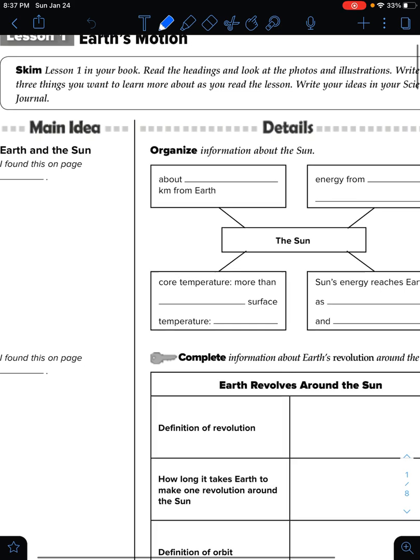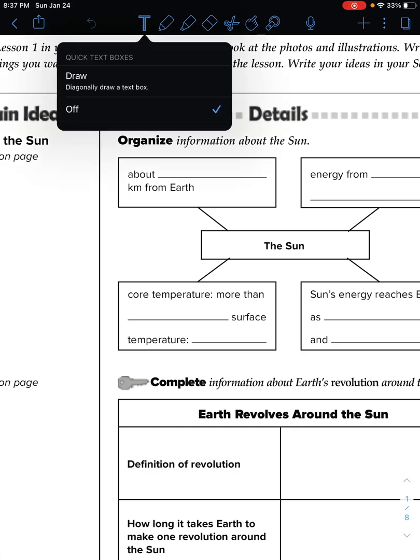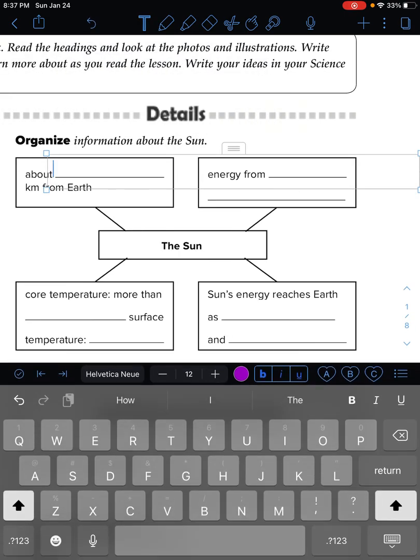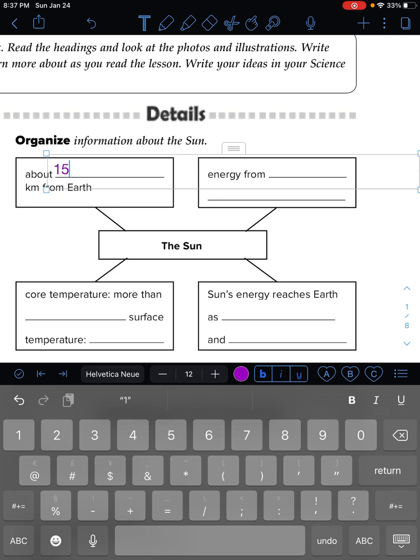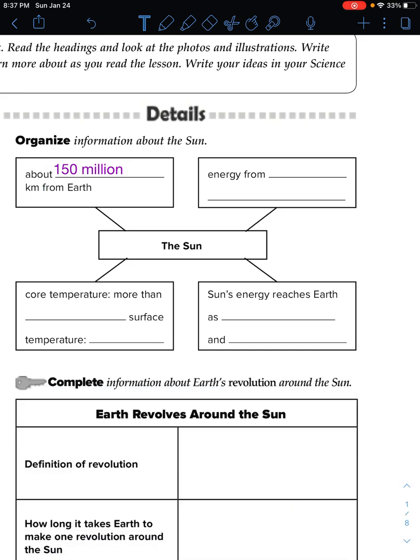Information about the sun. So it's about how many kilometers from Earth? It is about 150 million kilometers from Earth. Energy from, so where did it get its energy?